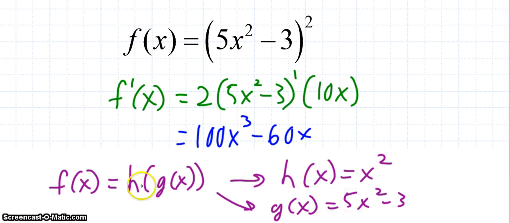When I do h of g of x, I substitute the g of x function in here to get f of x. When I take the derivative of the outside, the h of x function, it's a simple power rule: bring the 2 down, subtract 1. Then the derivative of the inside is the derivative of the g of x function.